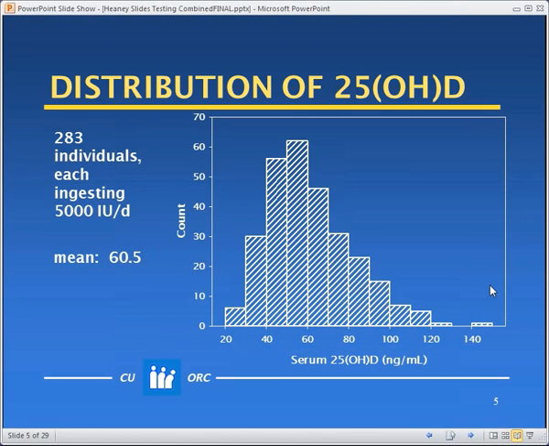But as you can see immediately, we have values ranging from a low of 20 on the left to a high of over 140 on the right. And all these people were getting exactly the same dose. Now, how would you know how much of a rise a particular person would have gotten with that dose? Well, there's only one way you can tell, and that's by measuring it.